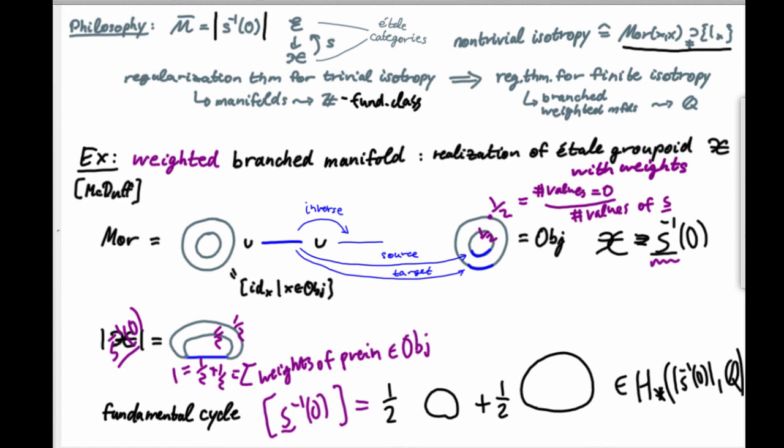So, a lot of this language was around before. Dusa McDuff imported it, connecting orbifolds with weighted branched manifolds and explaining how you can understand the fundamental classes of orbifolds as weighted branched manifolds, all with an eye towards dealing with multi-valued perturbations at some point.